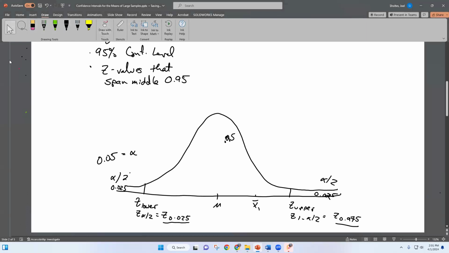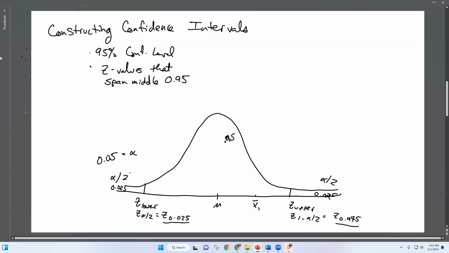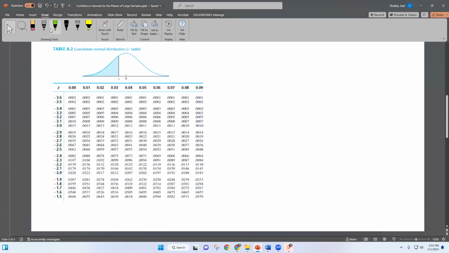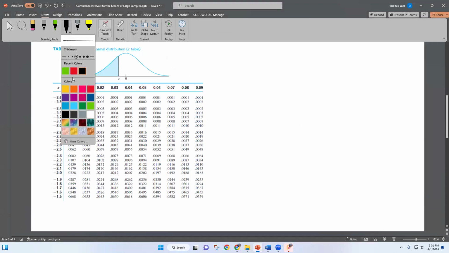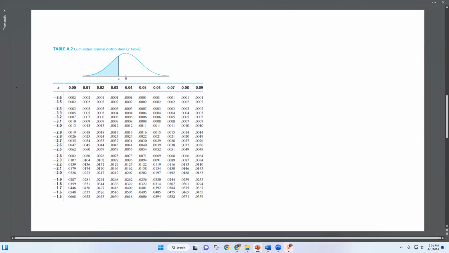All right. So let's take a look at our z table right here and find the values that we need for z. It's symmetrical. We need to find a z value associated with, on the negative side, 0.025. That's 0.0025, so let's find 0.25. And we are right there. So that's going to be negative 1.96. That's the value we want.